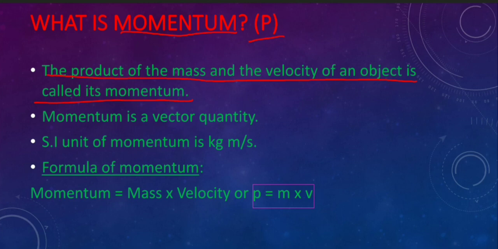Momentum is a vector quantity. The SI unit of momentum is kg meter per second. The formula of momentum is p equals m into v, where m is mass, v is velocity, and small p is momentum.